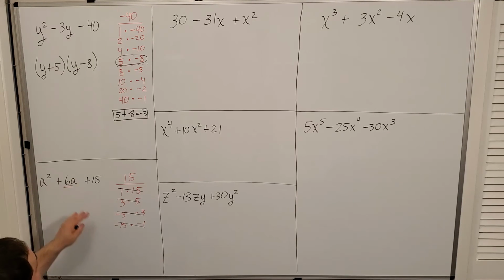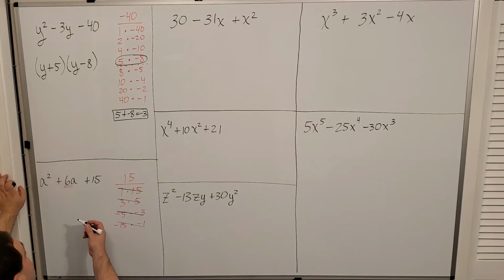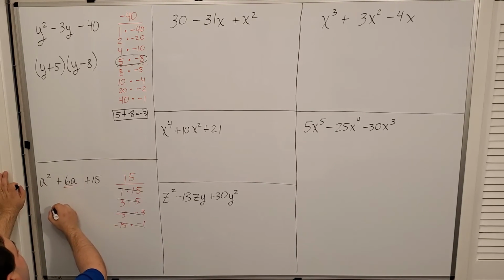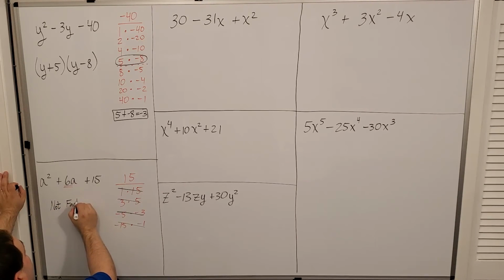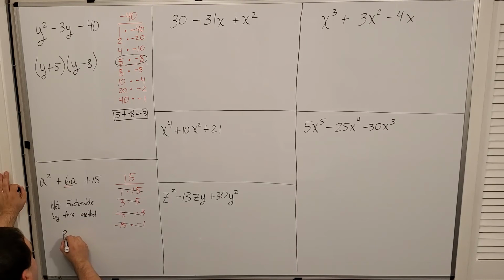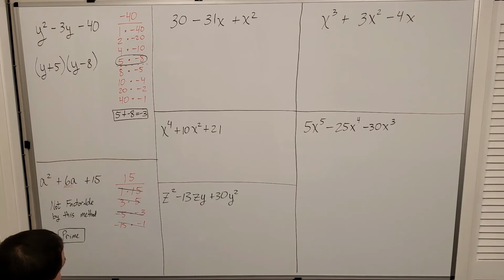It means that you've hit a trinomial that is not factorable, right? And remember, there's a word for that. This is not factorable by this method. And in fact, this particular trinomial is not factorable at all, okay? And I'm going to say prime as my answer, okay?